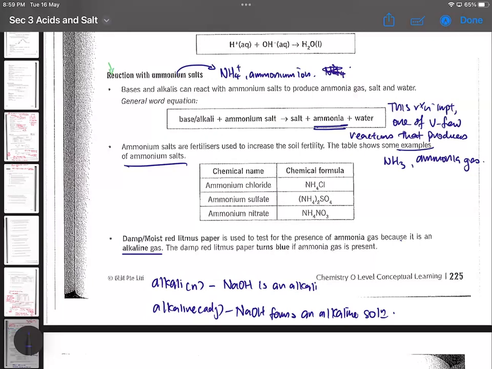So being an alkaline gas, it's going to turn red litmus blue. So again, you notice here we use moist red litmus to test for this.